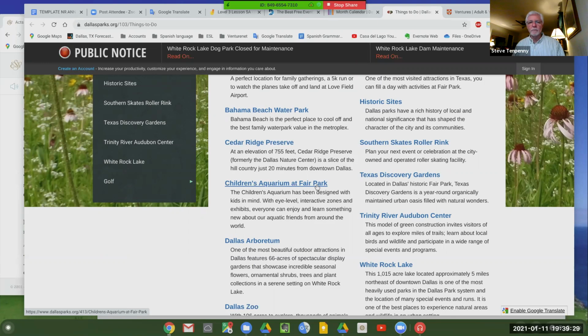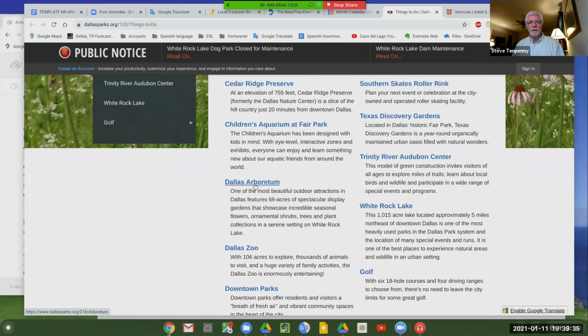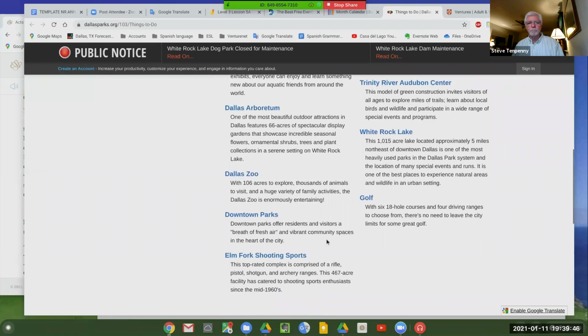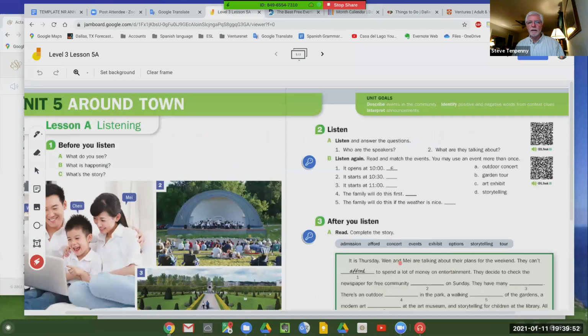Children's Aquarium. You can take your children to see fish. Okay, the Arboretum. That's the park I mentioned. And this would tell you whether it costs to go in. You have the Dallas Zoo. Okay, so all of these are examples of things to do in Dallas.